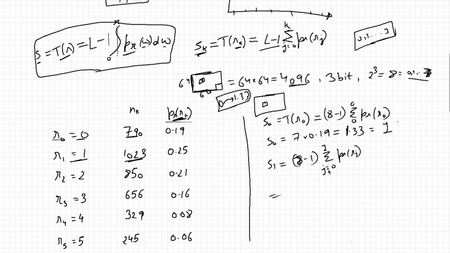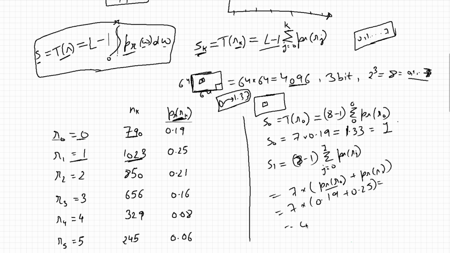Now this summation will have two terms, so it will be 7 times P of R of 0 plus P of R of 1, which is 0.19 plus 0.25.